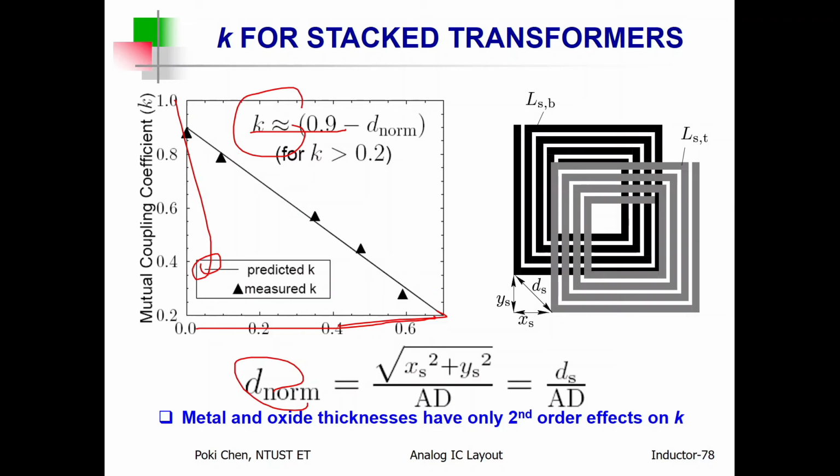The more displacement, again, the less K, but also the less port-to-port parasitic capacitance. Then you can get a higher self-resonance frequency. It's up to you.